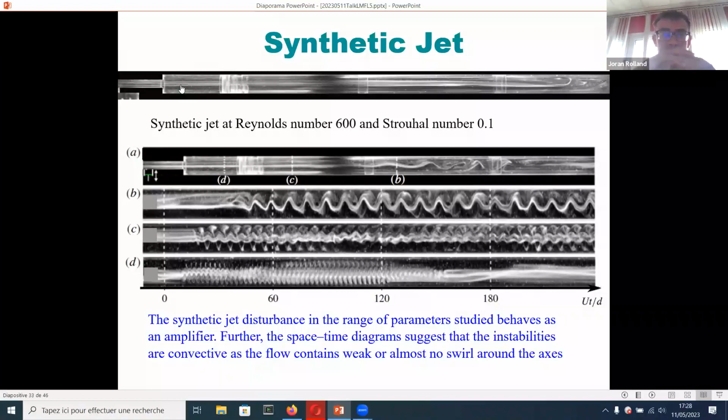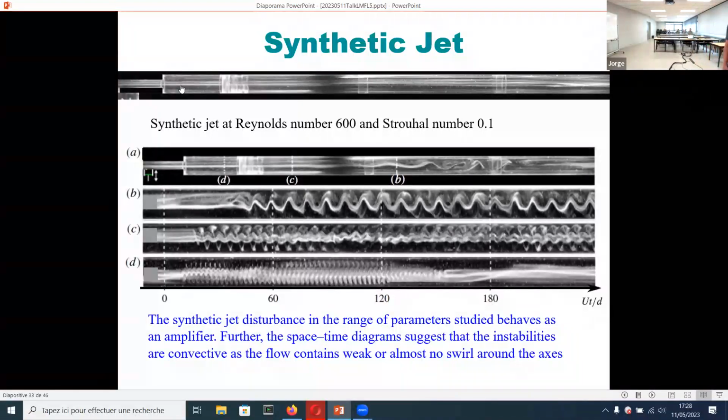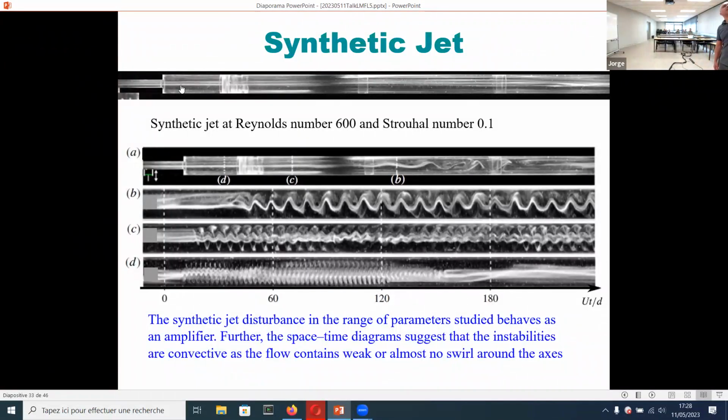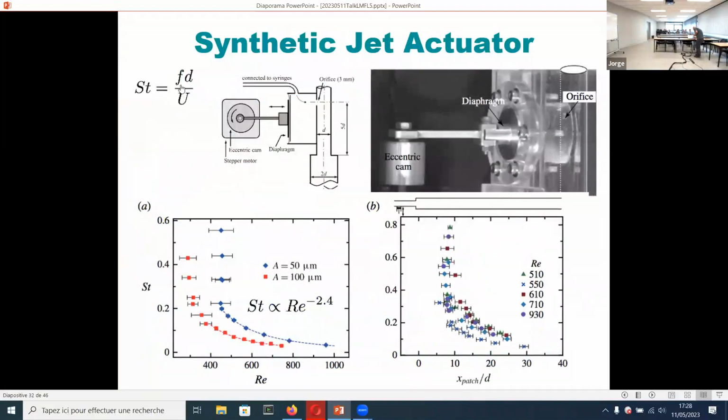So the synthetic jet frequency has a small Strouhal number of 0.1. Maybe I haven't put everything here, but basically D is very close to the excitation, and as you move along, the wavelength is increased. Okay. Now how does it change with the frequency?